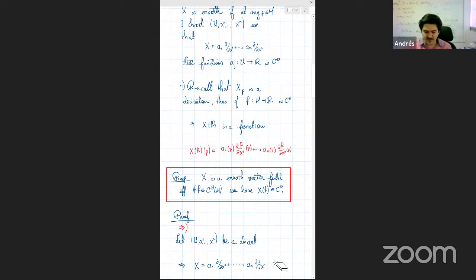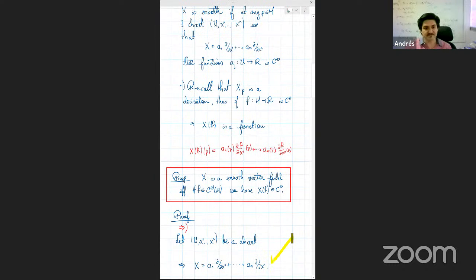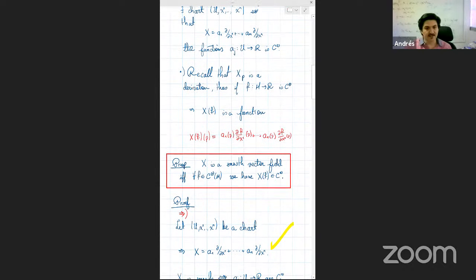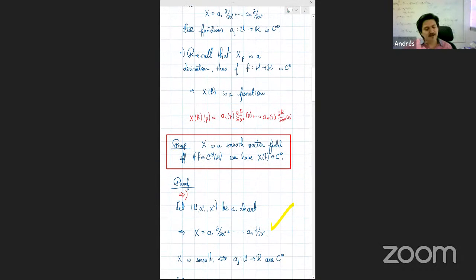And again, we have this description of the vector field, like this. This is something that we know very well. And this is the definition that we used before. It's smooth if all of these functions are smooth. That's the definition that we gave several weeks ago regarding smooth vector fields.